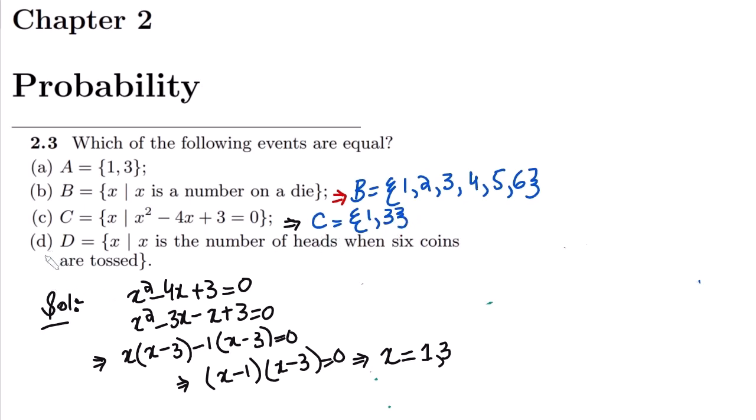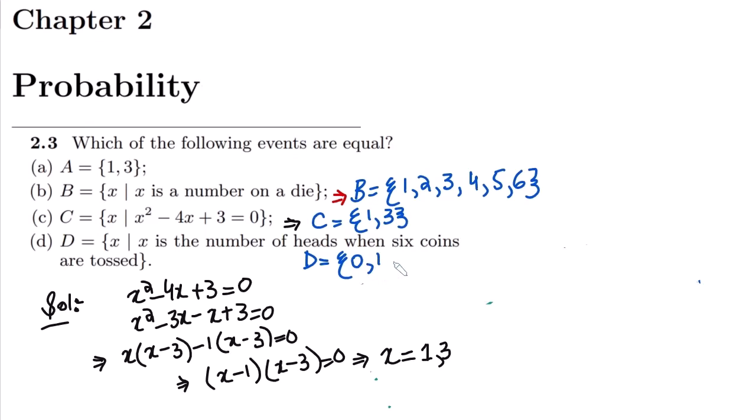Similarly, part D of my question is that D is equal to x such that x is the number of heads when 6 coins are tossed. So how many heads can I have if 6 coins are tossed? I may have 0 heads, because it is also possible that none of them is heads and all of them are tails.